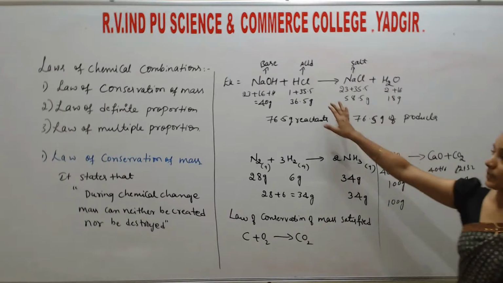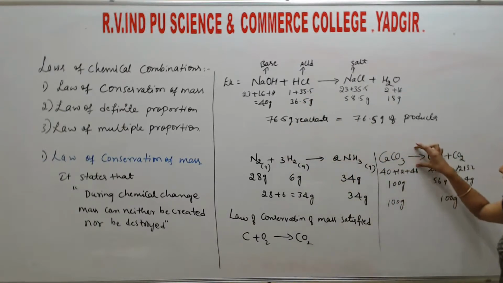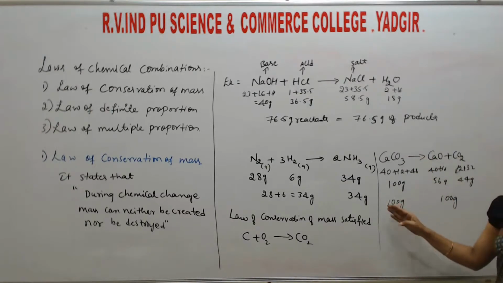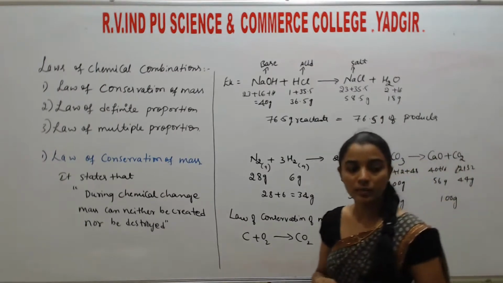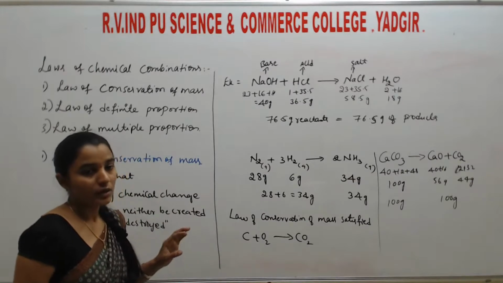Whether it is a displacement reaction, a combination reaction or a decomposition reaction, the law of conservation of mass is obeyed. Here 100 gram of reactant decomposes to give products in different proportions, and the sum of all the masses of those products also gives 100 gram of the reactant.